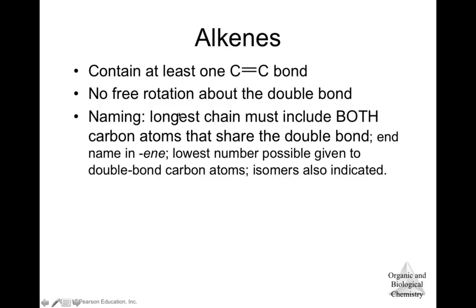For naming alkenes, it is basically the same as alkanes. The longest chain must include both carbon atoms that share the double bond. This is really important: both carbons need to be part of the longest chain. In the name, you're going to use ene instead of ane, as a suffix. And the lowest number possible is given to the double bond carbon atoms.